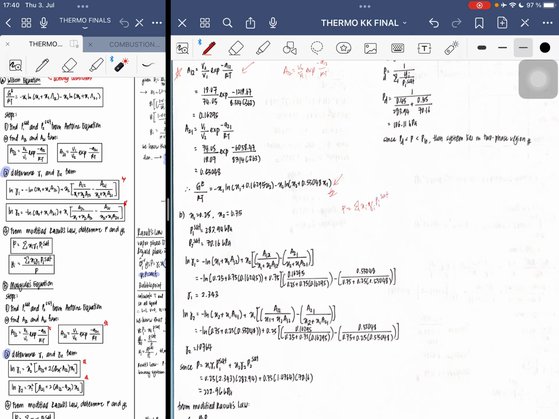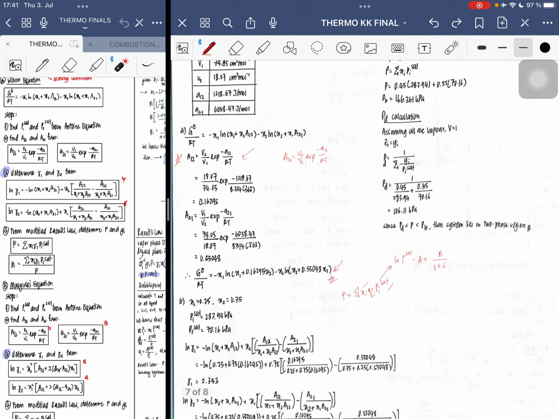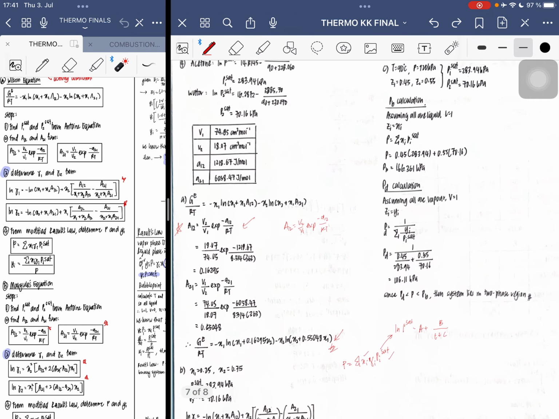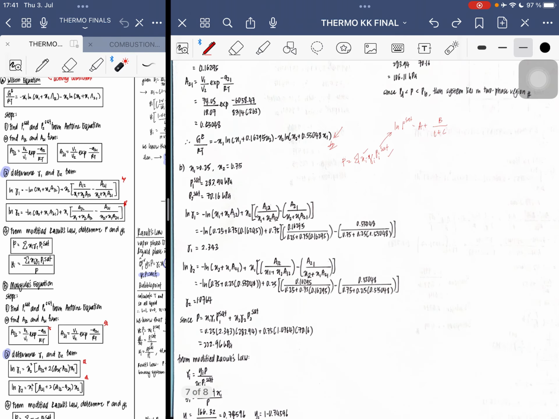So pi sat is settled, xi is settled because they gave the value. So you need to find the gamma value. But for pressure, have they given the value of pressure? No, not yet. So what is left is this value and this value right here. One by one, you can find gamma first.